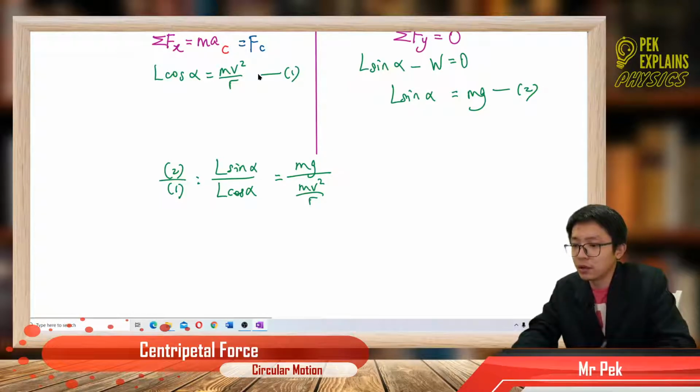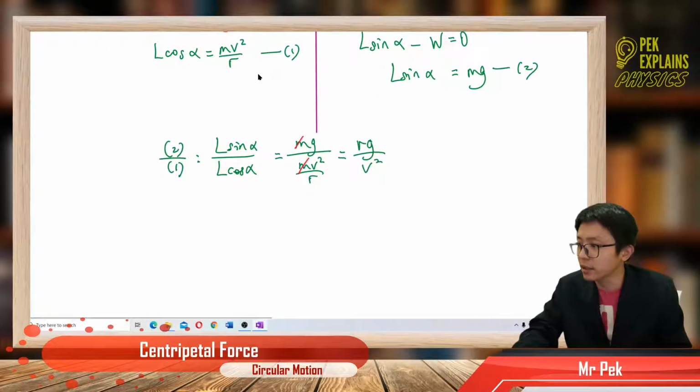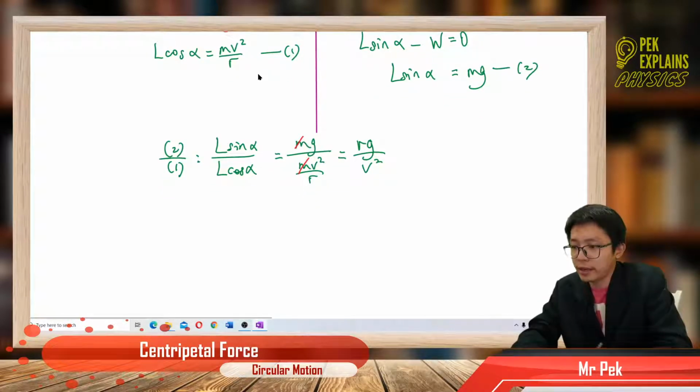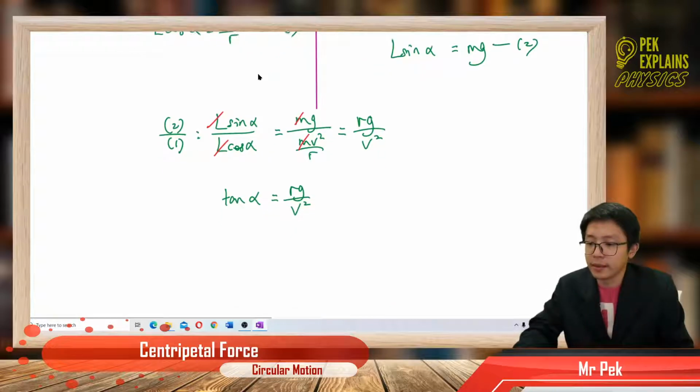So you can cut off the mass and continue. The R goes above, so here we have Rg over V squared. L can be cut by L. Sine divided by cos, we get tangent. Tangent alpha equals Rg over V squared.